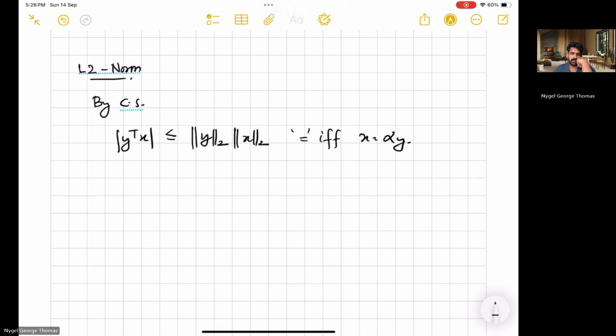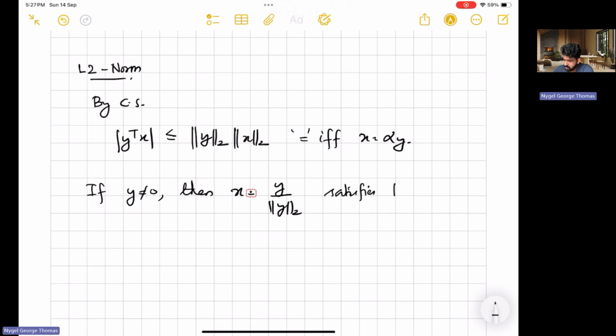So if y is not equal to 0, then x equal to y divided by the L2 norm of y satisfies the condition that the norm of x in L2 is equal to 1.